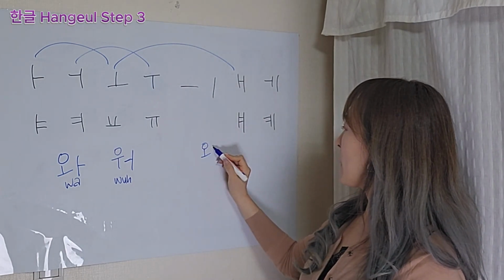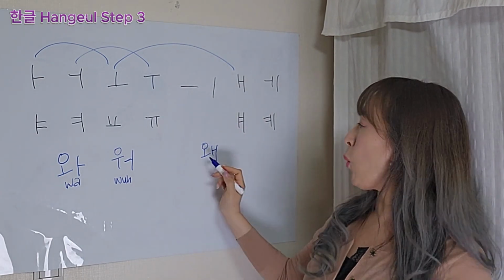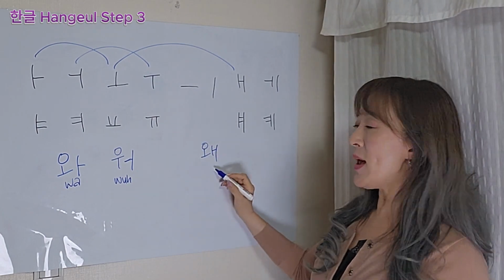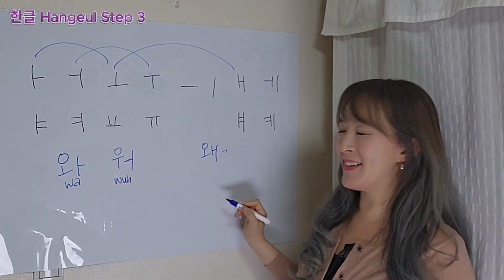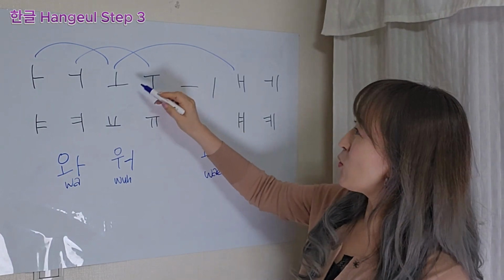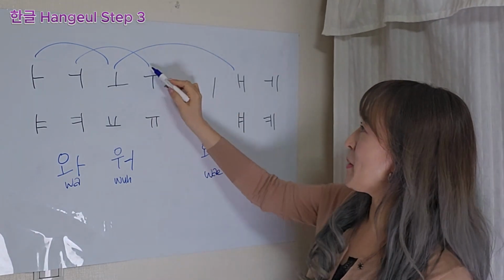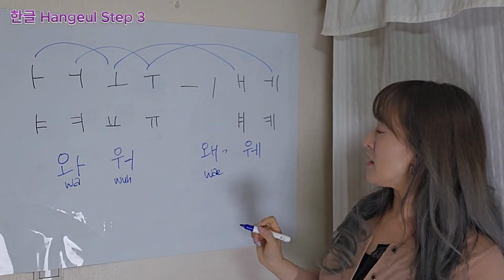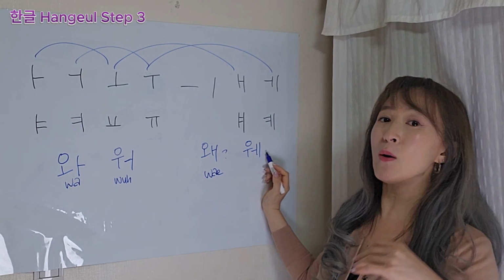So this is 왜, right? So 왜. We means why in Korean, so it's like we. And you're now seeing the pattern here, right? So here is 왜, so we.